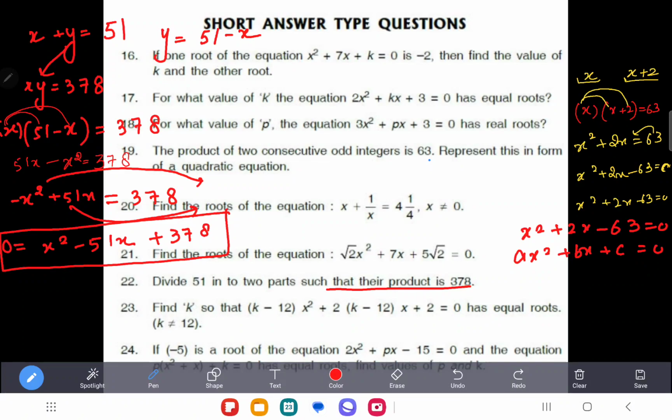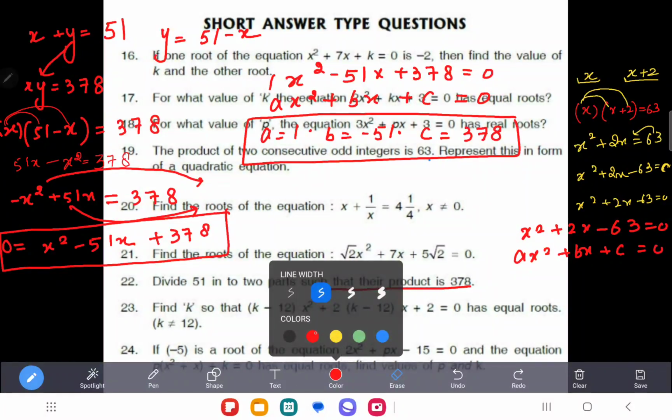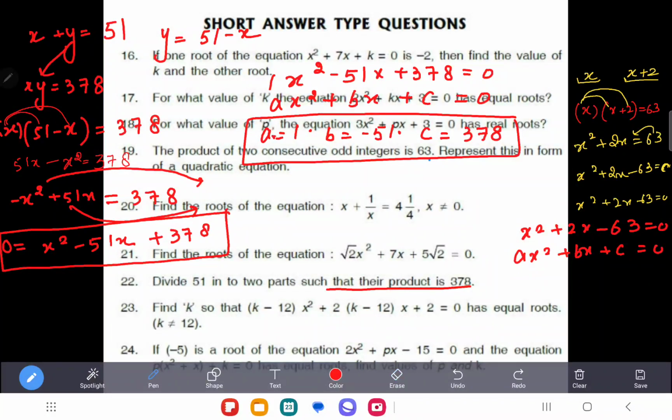And this quadratic equation, how am I going to solve it? x square minus 51x plus 378 would be 0. Yes or no? So I will have ax square plus bx plus c equals 0. So a would be 1, b would be minus 51, and c would be 378. So if I have this, what do you think right here?